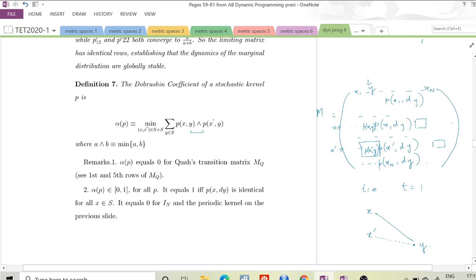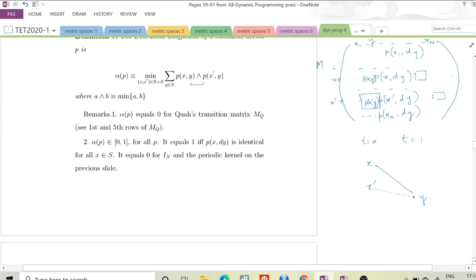And so if you ask what is the probability that these two chains are going to converge at y next period, it's going to be 0.